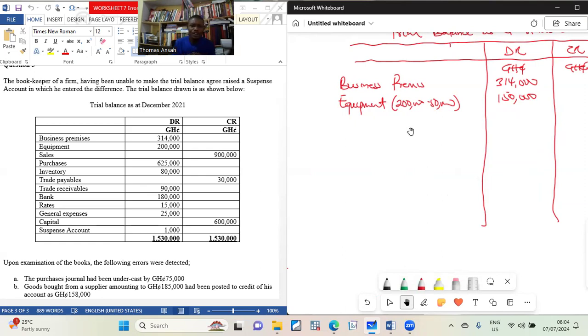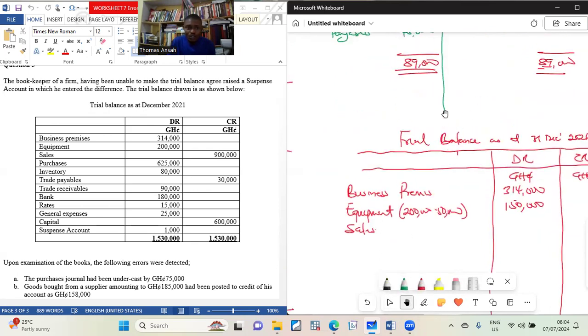As for sales, there are so many things that happen to sales. So we are going to figure out all the things that happen to sales and bring them in. So we have sales. If you take your sales, for example, this is the opening balance of your sales.